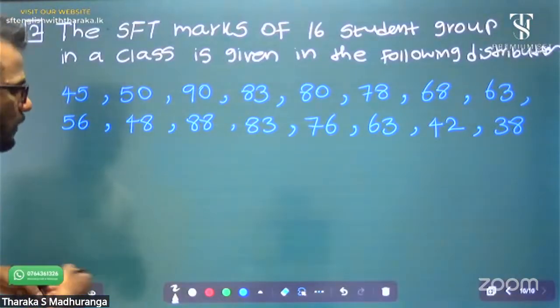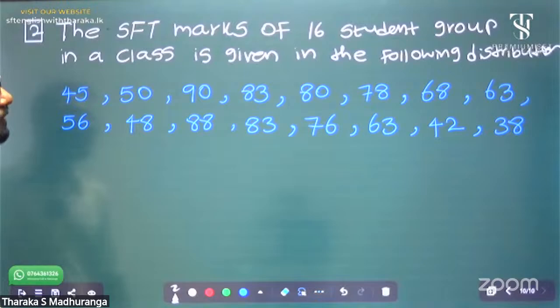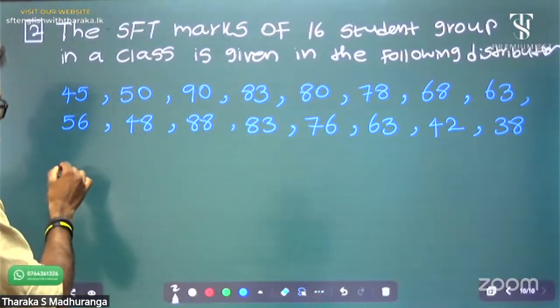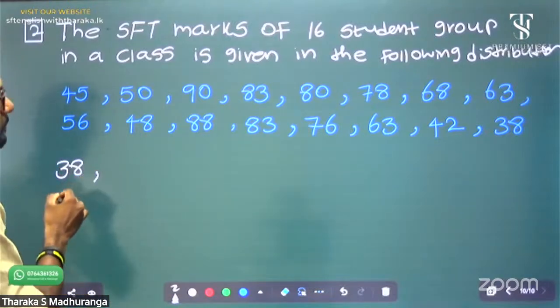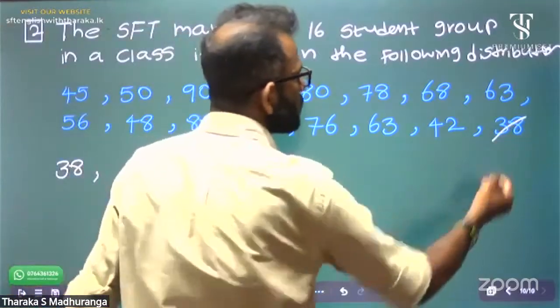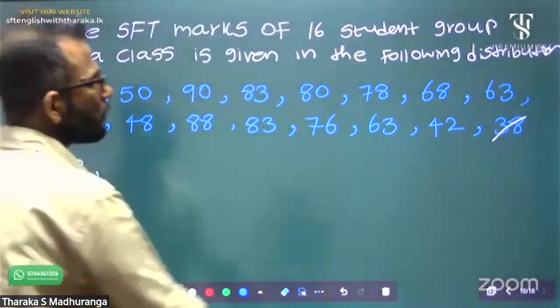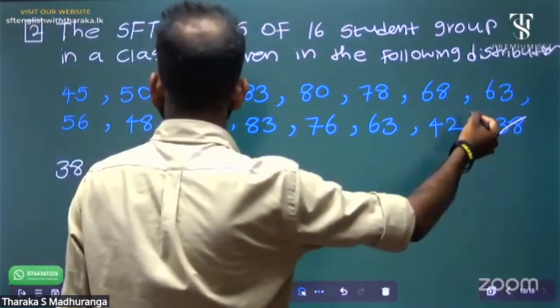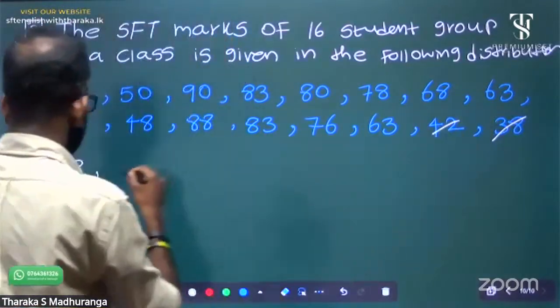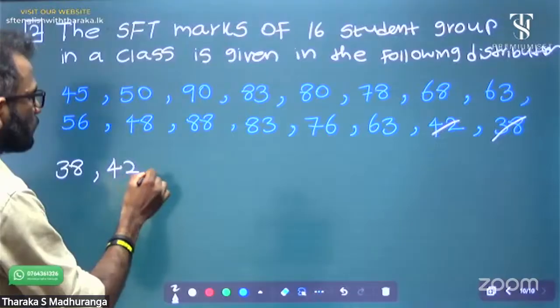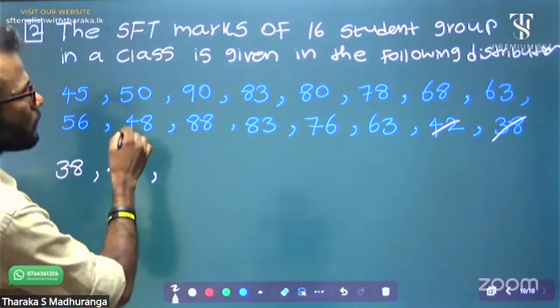How to prepare the ascending order? Okay, what's the minimum? 38 is the minimum. Next, 42, yeah, 42. Then 45.